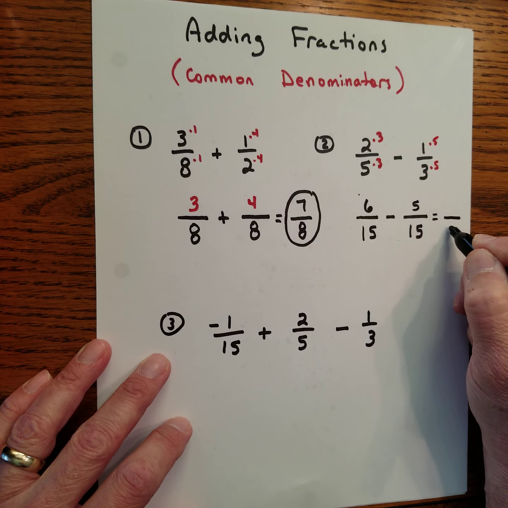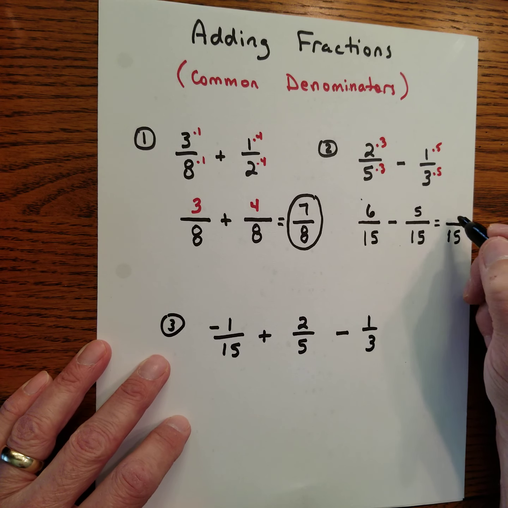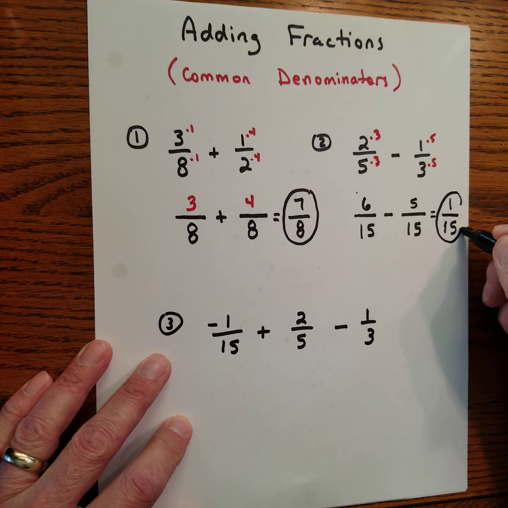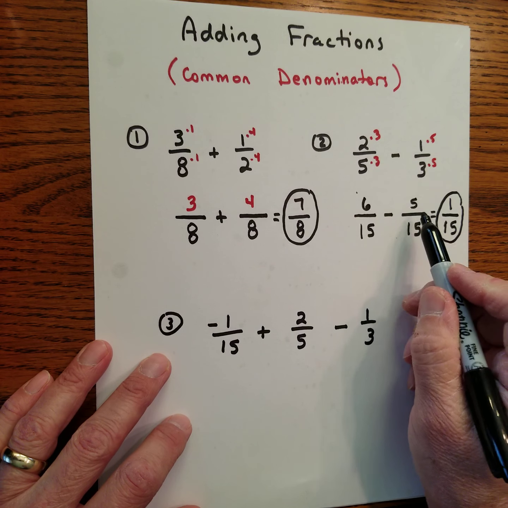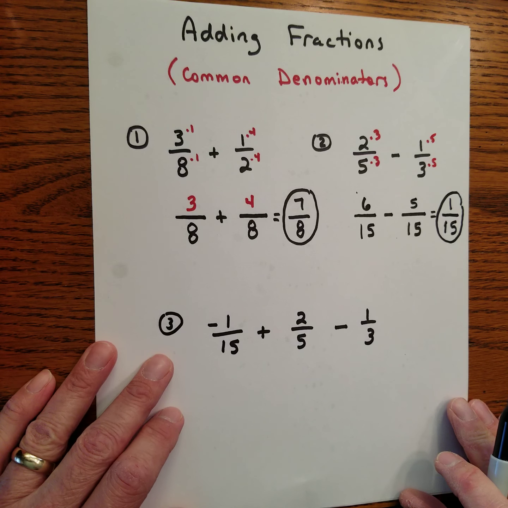Now keep the common denominator of 15. And 6 minus 5 is 1/15. Great. Again, when you work these for your assignment, you should write the problem down, rewrite it with common denominators, and then show me your final answer.